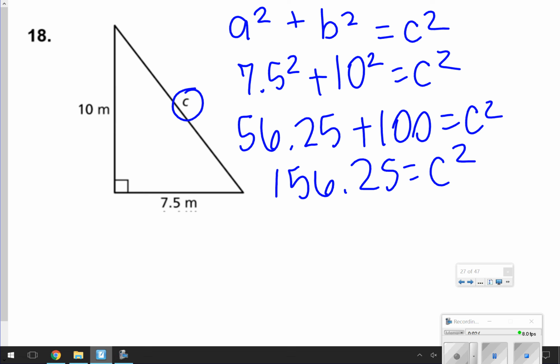And then essentially what we're trying to do now is to find the square root of 156.25. That is going to give us 12.5.